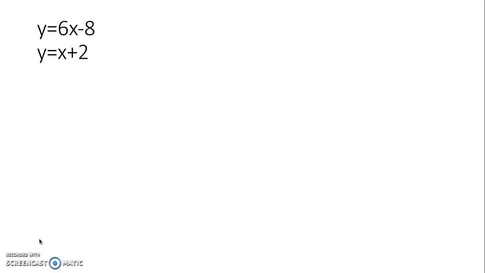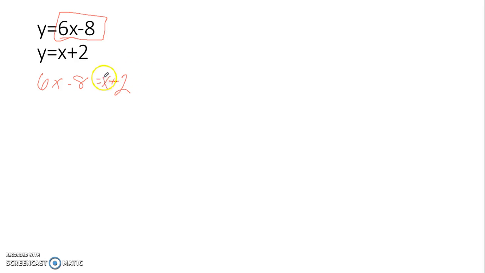We are going to substitute this expression, 6x minus 8, into the other one. So we're rewriting that y as 6x minus 8, and then we are simply copying down the rest of the equation.